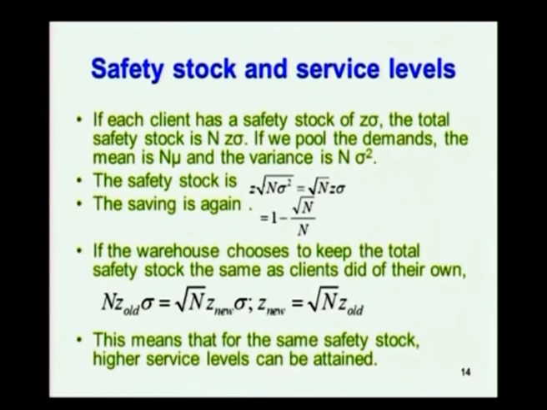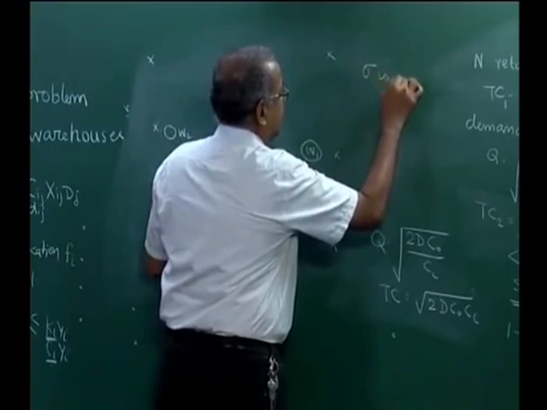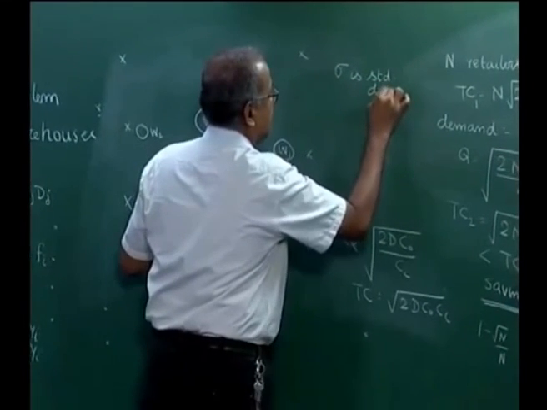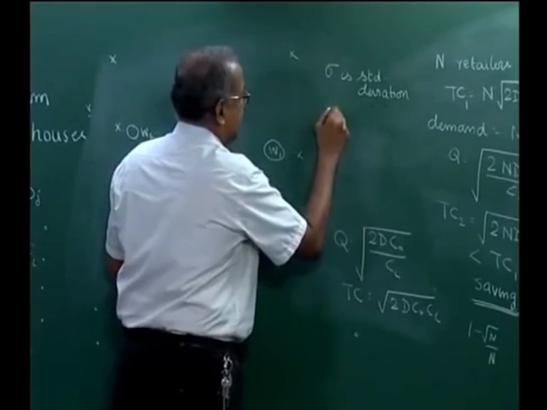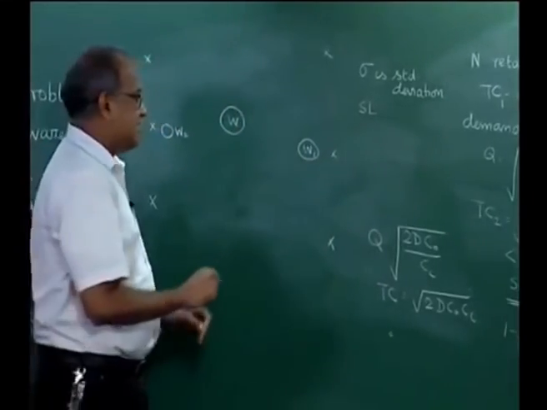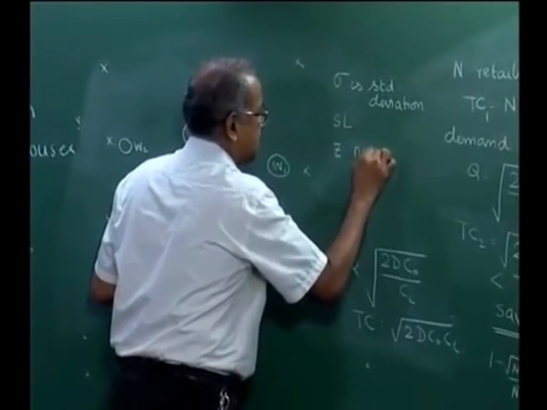The other aspect that we can see is also the saving in safety stock and in service levels, which we have actually seen in an earlier lecture on inventory. Now, we also know that for each one of these retailers, there is a lead time demand distribution, and if sigma is the standard deviation of the lead time demand, and then we have a service level SL, and based on this service level we go back to the normal distribution and then find out a Z from the normal distribution.